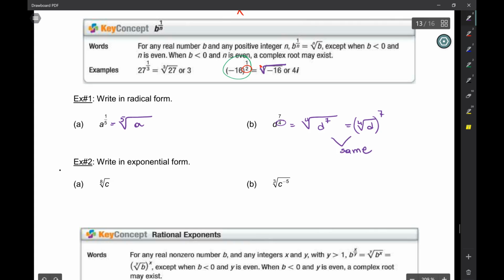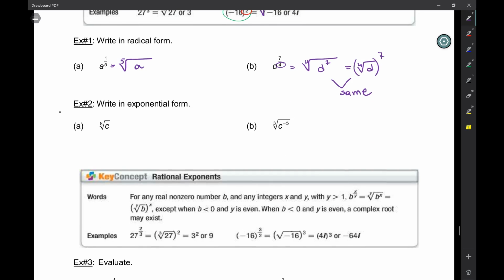Which one do you choose? It really depends on the problem that you're doing. If you could take the 4th root easier and then do that, it's just which one's easier for you. Now what about this one? Can we write this in exponential form? c to the power of what? 1/8.